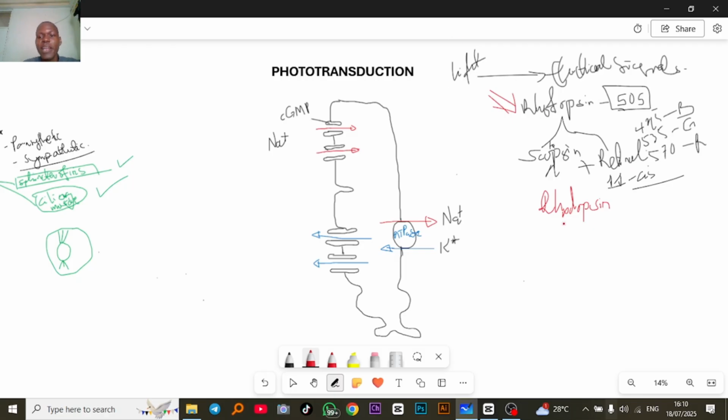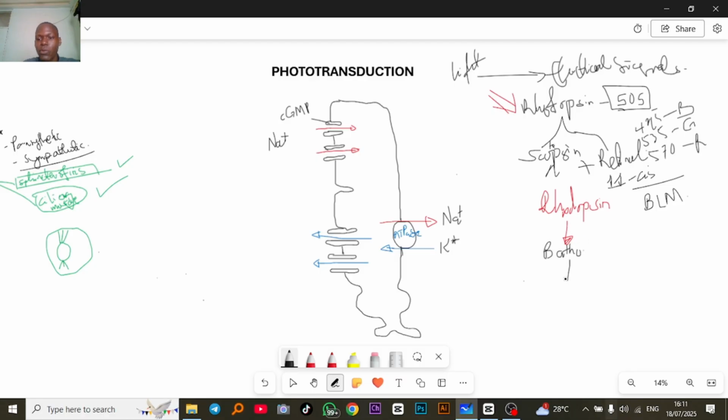When it's struck by light, it will change to a form. Let's have a short form here, BLM. It changes to B, that is batho-rhodopsin.